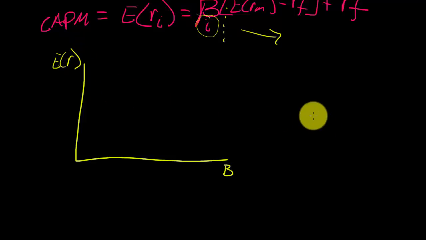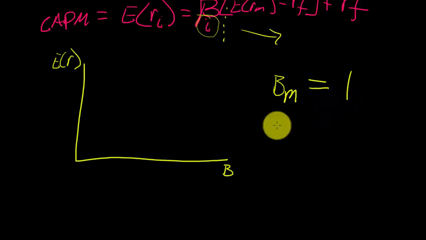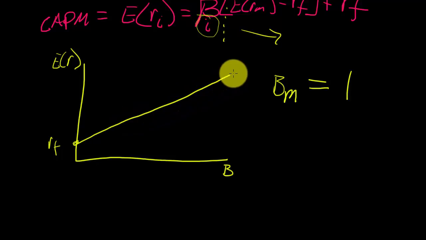I'm going to start with the idea that beta of the market is equal to 1. I have my risk-free rate in here somewhere. This is the expected return, and here's a line showing that as beta increases, so does my expected return.